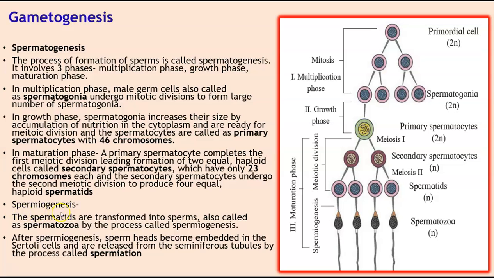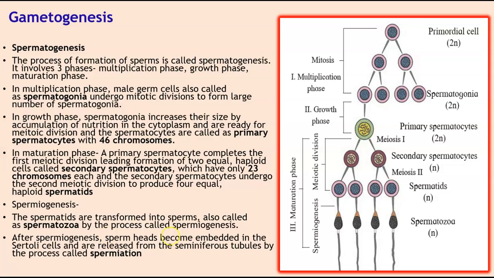So what is spermiogenesis, students? The spermatids are transformed into sperms, also called spermatozoa, by the process of spermiogenesis. After spermiogenesis, the sperm heads become embedded in the Sertoli cells and are released from the seminiferous tubules by a process called spermiation. During spermiogenesis, there are certain changes that happen.